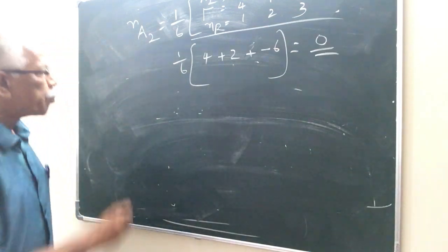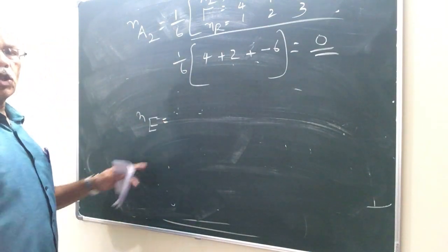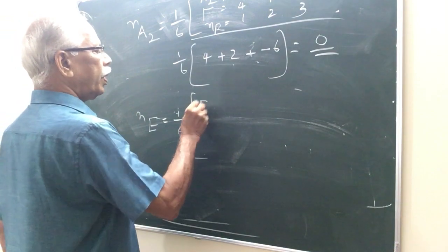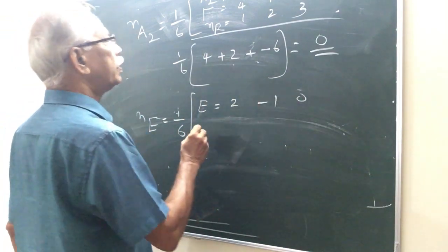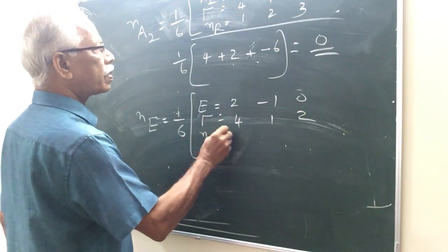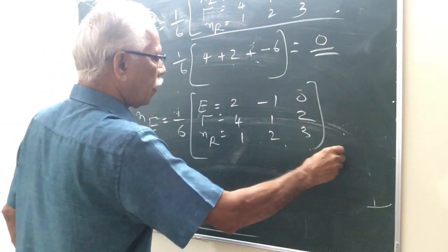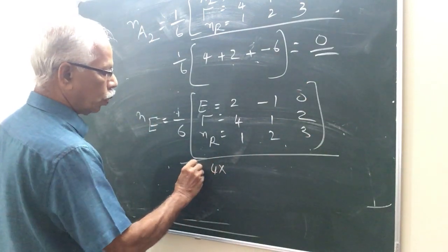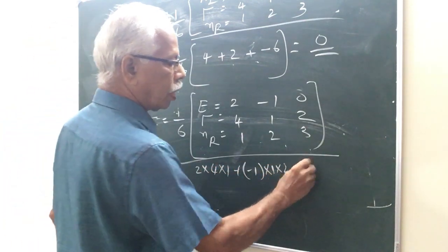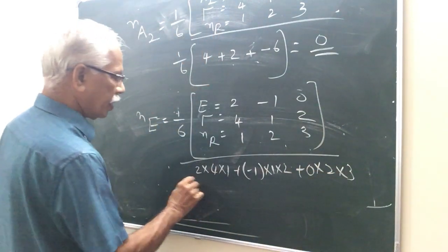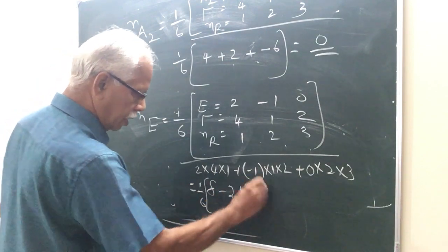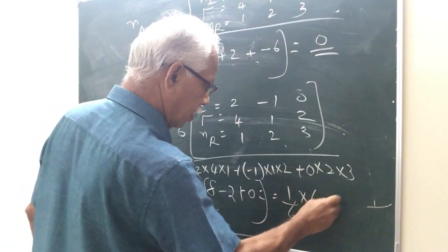And the number of times the E-type irreducible representation occurs is 1 by 6. E is 2, minus 1, 0. Gamma is always the same, 4, 1, 2. And NR is 1, 2, 3. So multiply and add: 2 into 4 into 1 plus minus 1 into 1 into 2 plus 0 into 2 into 3, which is equal to 8 minus 2 plus 0. 1 by 6 is there outside. So it is 1 by 6 into 6, 1.